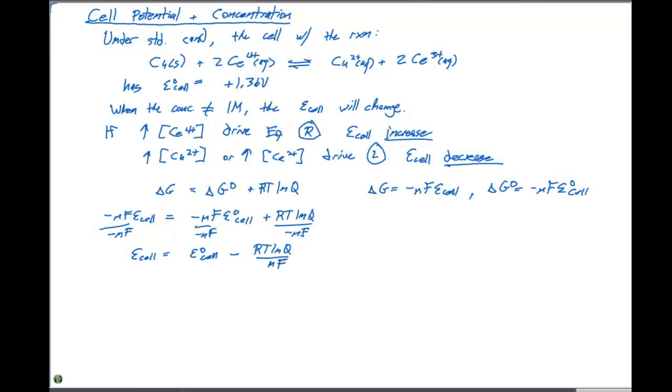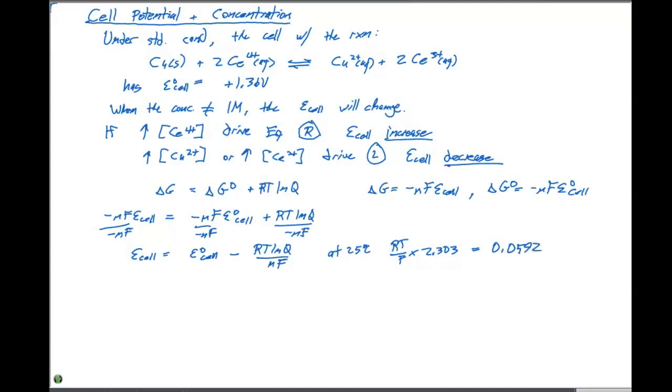And chemists still weren't very pleased with this whole mumbo-jumbo of variables. So in most cases, these reactions are performed at 25 degrees Celsius. At 25 degrees Celsius, if we take RT divided by F and multiply this by 2.303, we get a value of 0.0592.